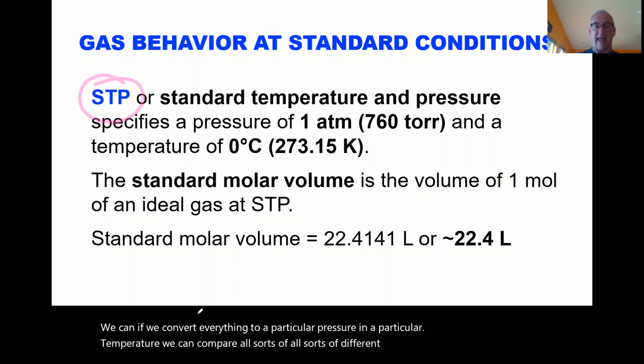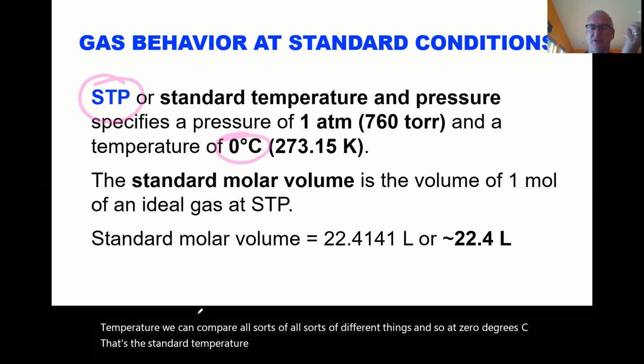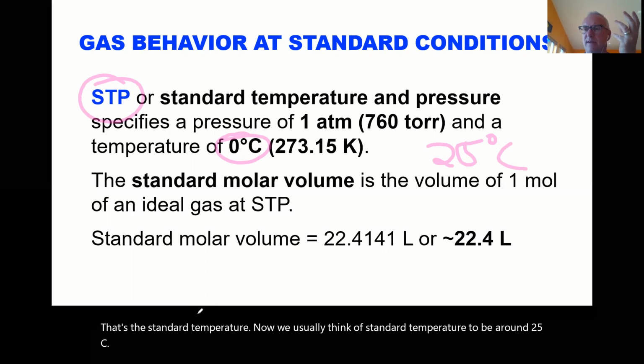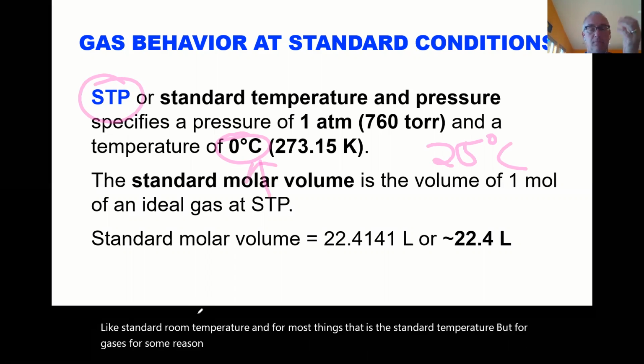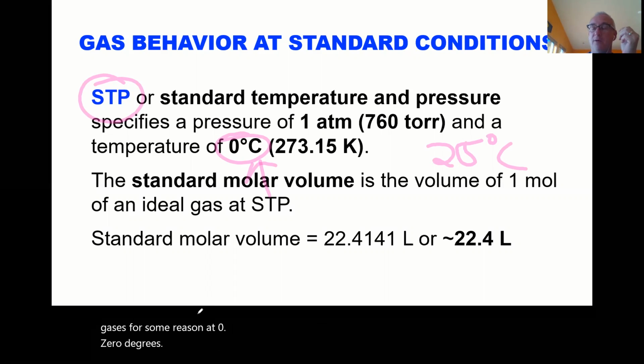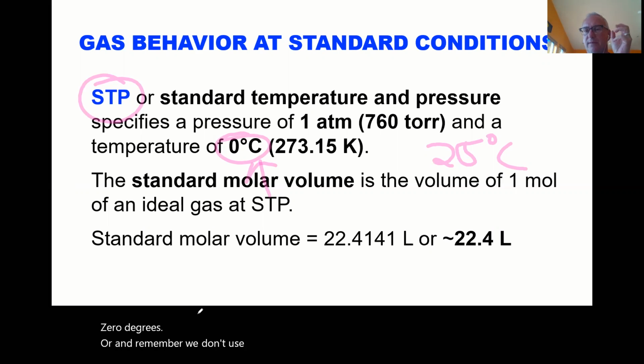And so at 0 degrees C, that's the standard temperature. Now we usually think of standard temperature to be around 25 C, like standard room temperature. And for most things, that is the standard temperature. But for gases, for some reason, it's 0. And remember, we don't use Celsius when we're doing gases.